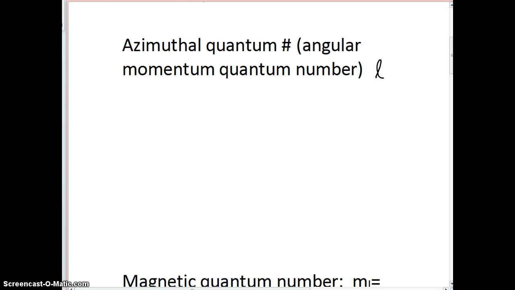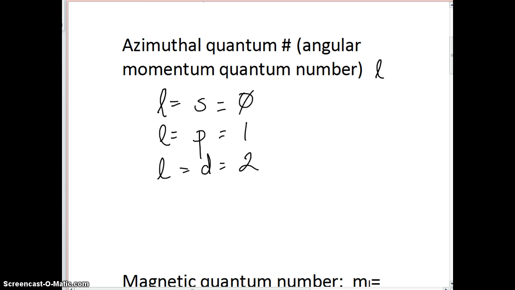So essentially if l is describing an s orbital, those spherical orbitals, we say that the value of l is going to be 0. If you have a p orbital, l will describe the p orbitals as having a value of 1. In the d orbitals, and you can see it's just increasing by 1, it's going to be 2. And in the f orbitals, l is equal to 3.